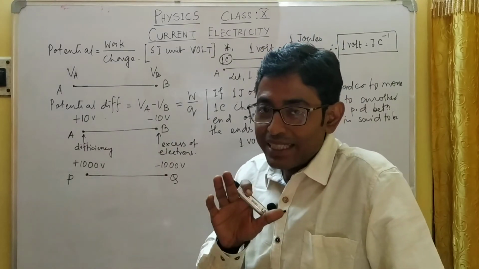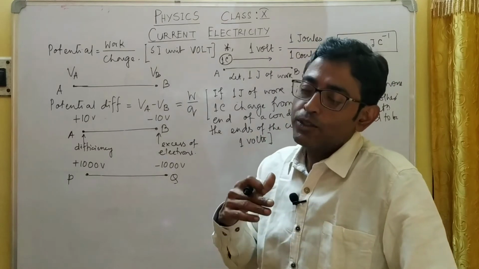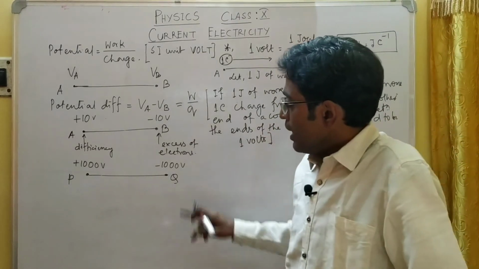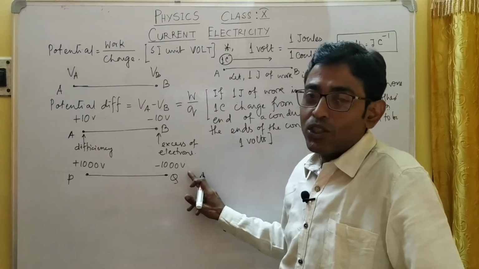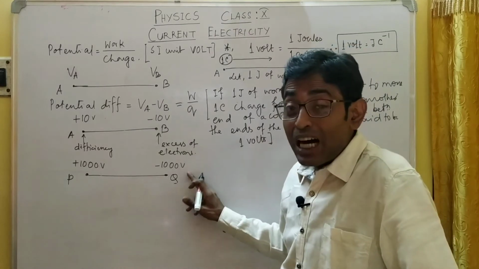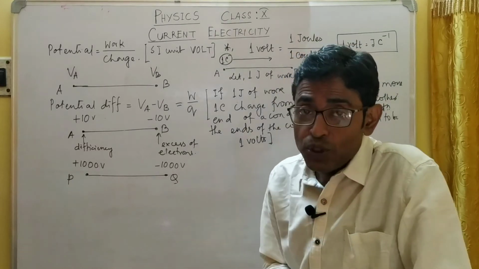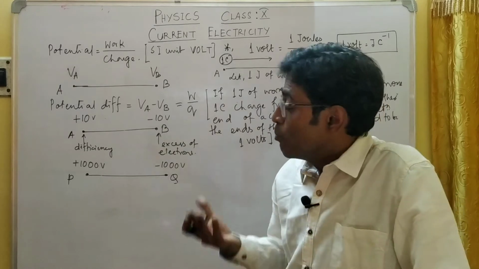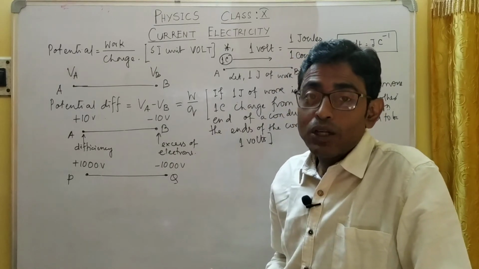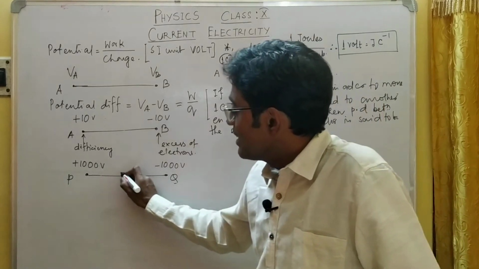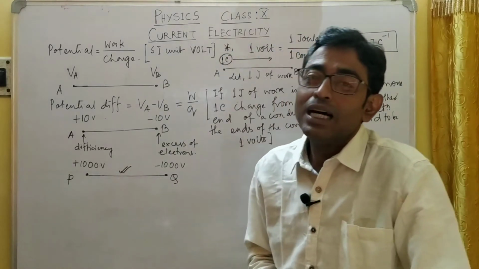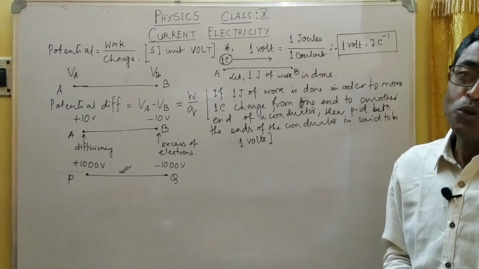The number of electrons will be much higher than that one. And here the number of electrons is 1000 excess. My question is, in which case more electrons will flow through the conductor? Definitely in case of PQ, the flow of electrons will be greater.